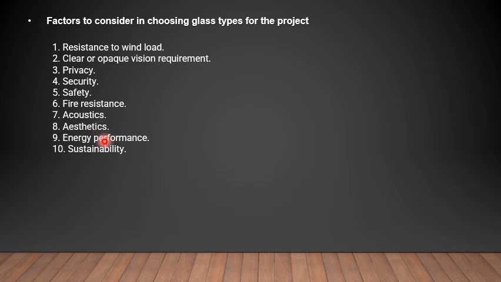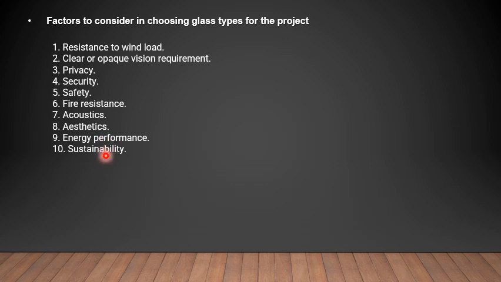Energy performance, which is quite trending right now. We could say the low emissivity of the glass, the low-e coating of the glass, how much heat is transferred through the glass to the building. And the last is sustainability.